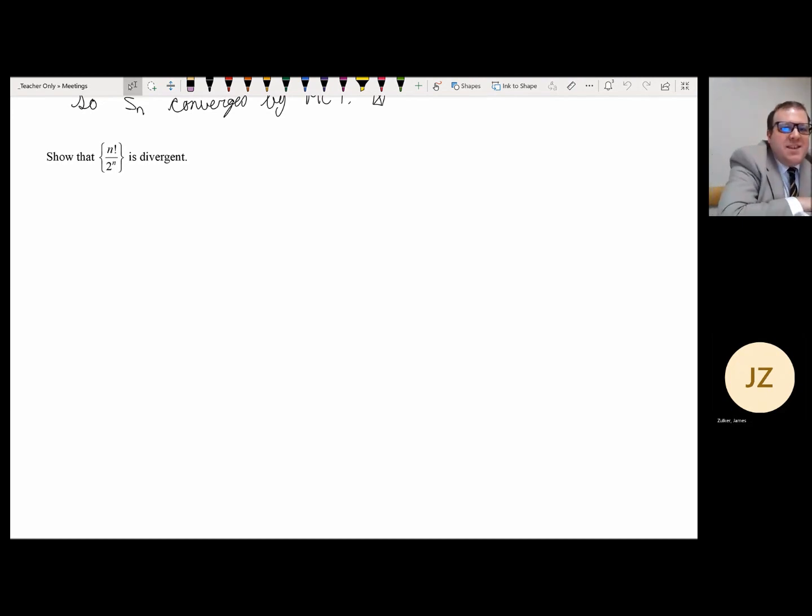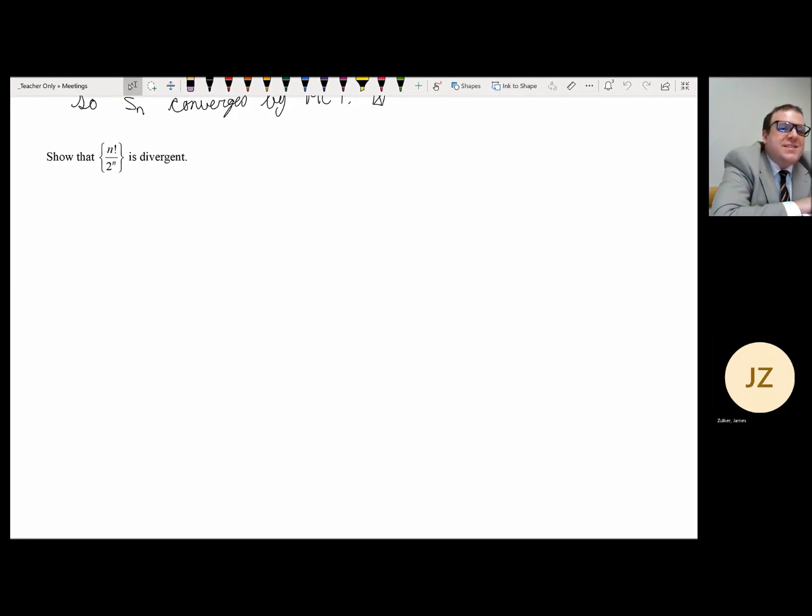I want to show that this sequence is divergent. Keep in mind, the monotone convergence theorem is only one way. It says all bounded monotonic sequences converge. It does not say all convergent sequences are monotonic and bounded.